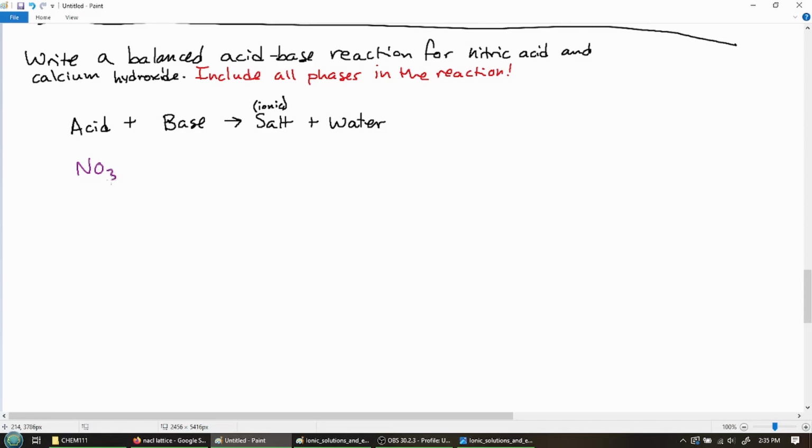So NO3 minus is nitrate, so I suppose nitric acid would be HNO3. Why just one H? Right, because a single proton is H+, NO3 has a single minus, so we only need one proton to cancel this out. And so what kind of acid would this be? Well, it would be a monoprotic acid.